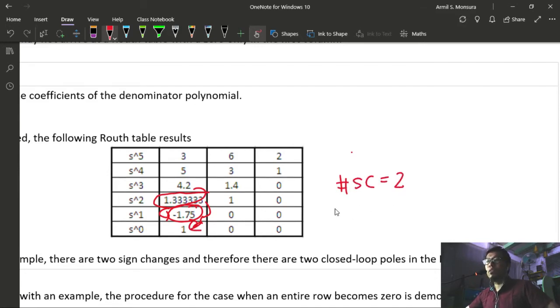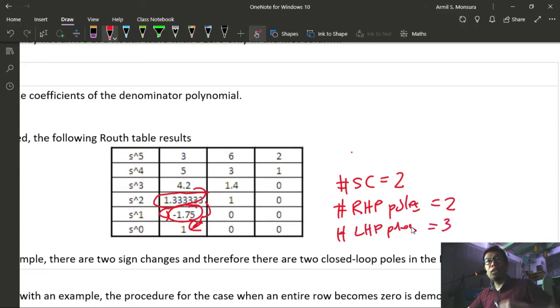That means the number of right half plane poles is still 2, and the number of left half plane poles is still 3. So you'll notice that in the three methods we used, we got the same conclusions. Okay? That is, it has two right half plane poles and three left half plane poles.